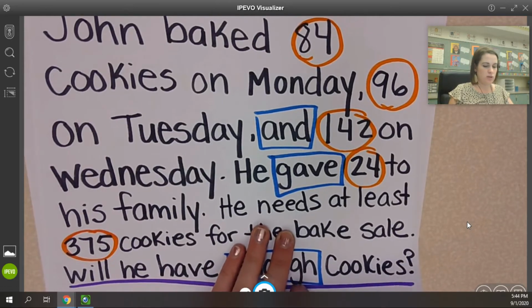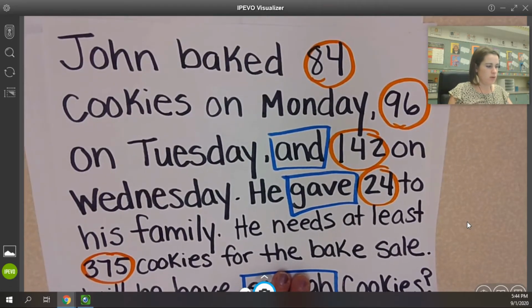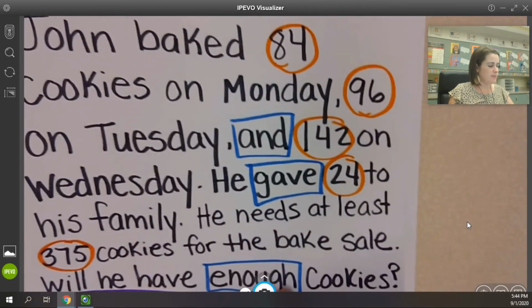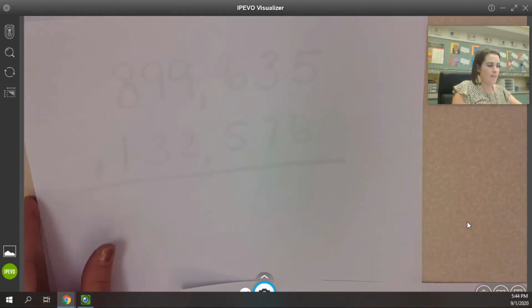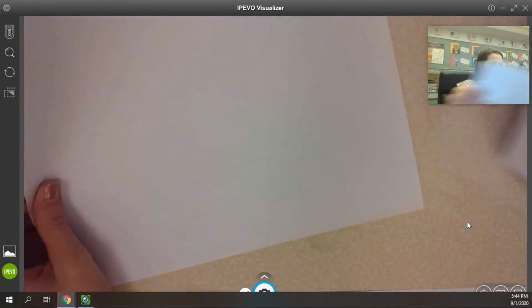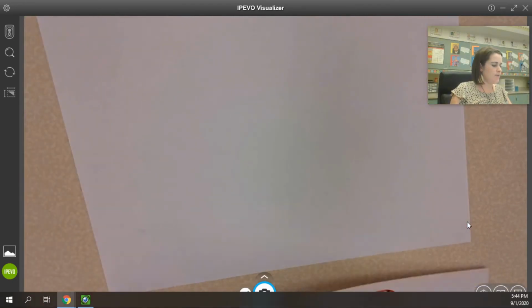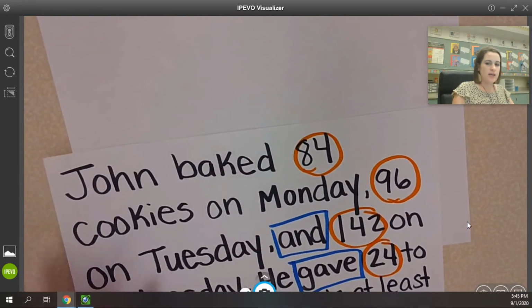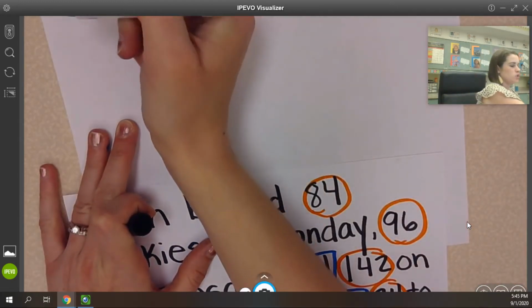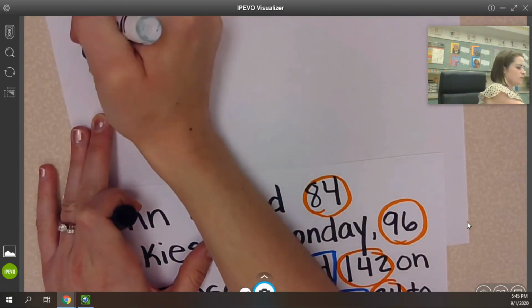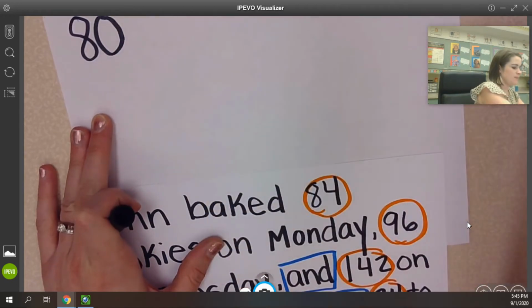So I'm going to first estimate. If I was estimating 84, that would change to 80 if I was using rounding, okay?